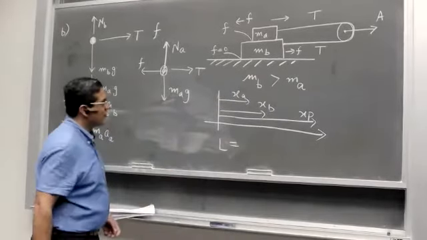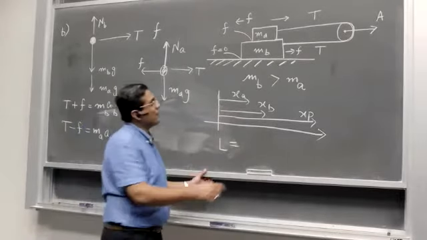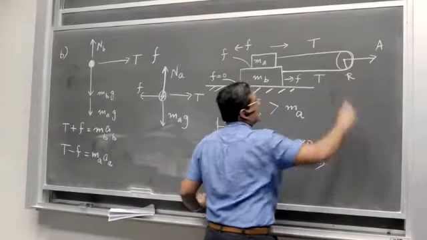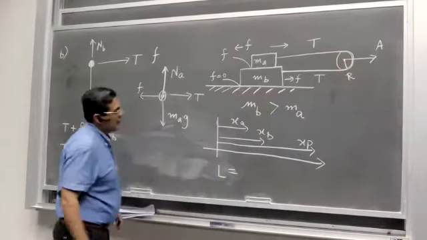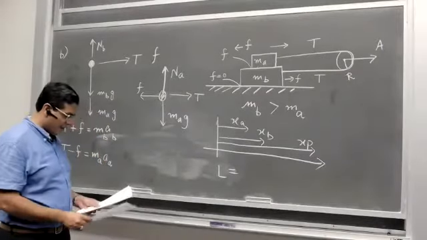Can you figure that out yourself? Can you write the length in terms of these three quantities? And if I give you the radius of the pulley, R, okay, what would be the length then? Can someone help me figure that out? Sir, what is x_P? The position of pulley.